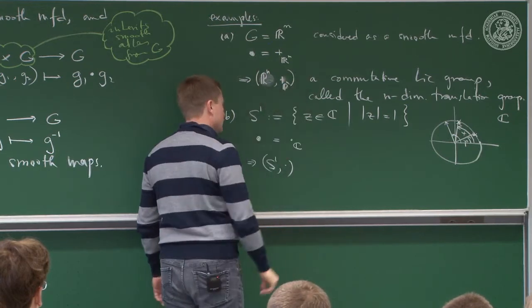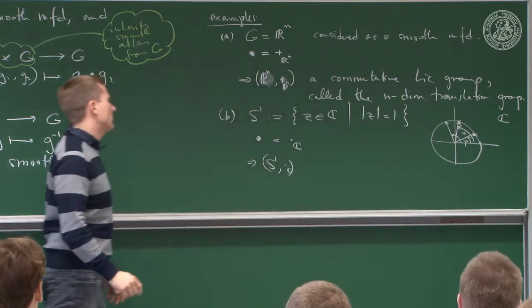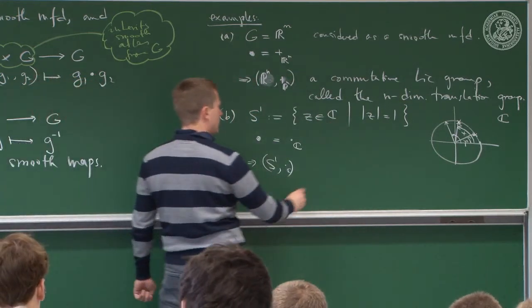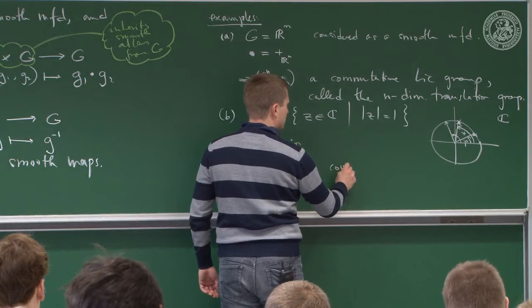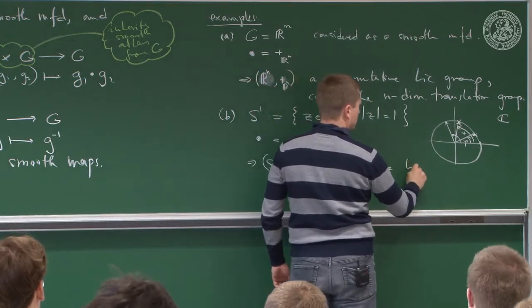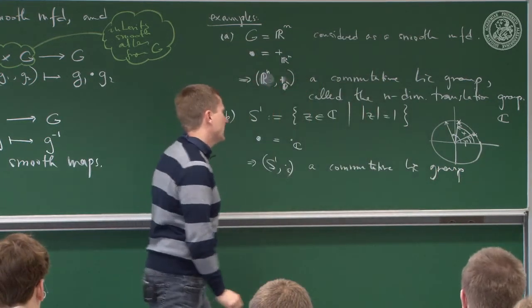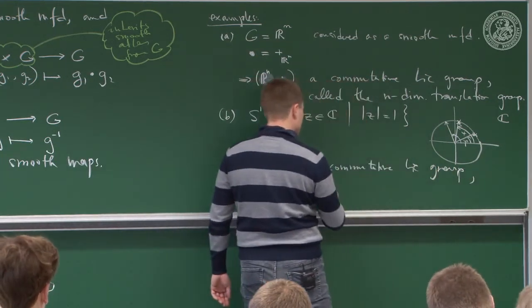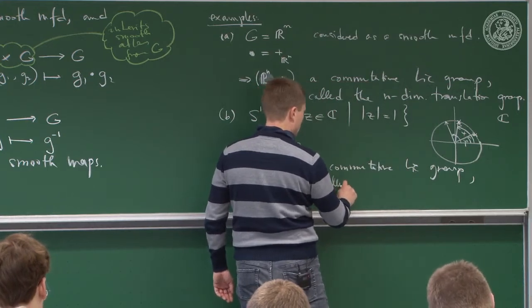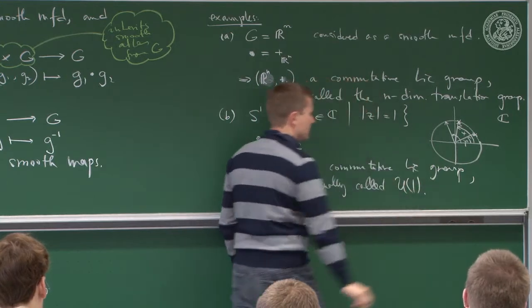Rn is the translation group, and S1, considered as this subset of the complex plane together with the multiplication, is again a commutative Lie group, again a special case, and this is usually called U1. It's the U1 group.